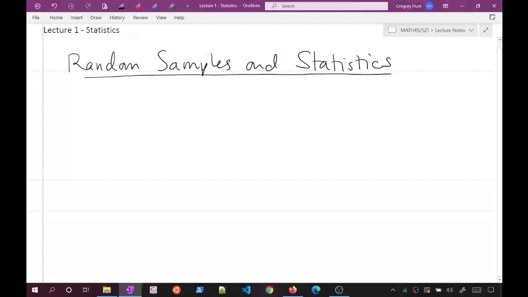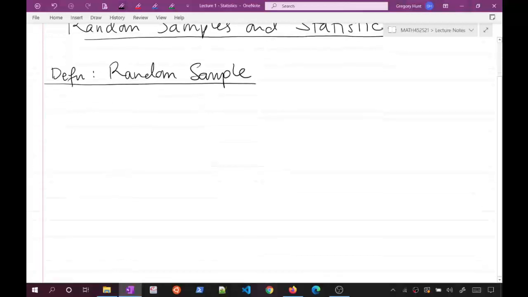So the first thing we want to talk about is a definition of what a random sample is. For the sake of this course, a random sample is just a collection of mutually independent random variables.